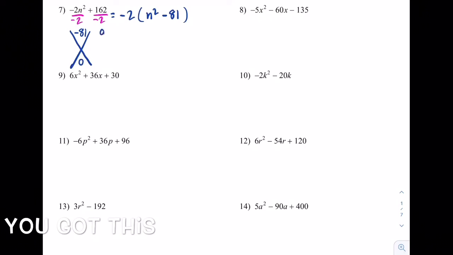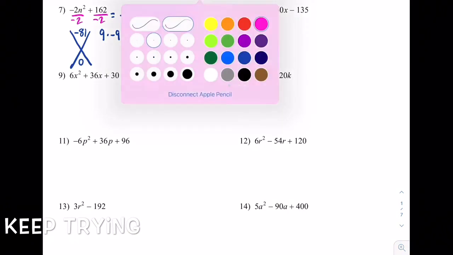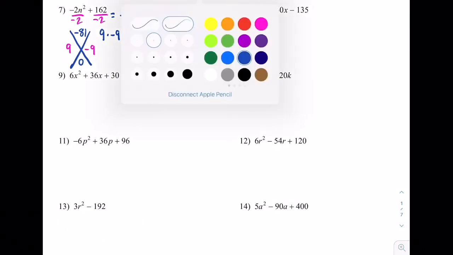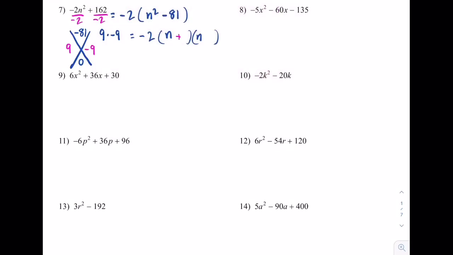So it has to be 9 times negative 9. Those are the two factors, 9 and negative 9, because they add to 0. So our factored form is going to be negative 2, parentheses, n, and our two factors are going to be positive 9 and negative 9. And that's our factored form.